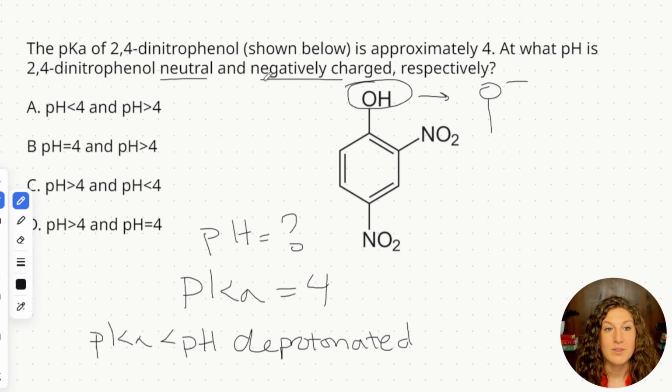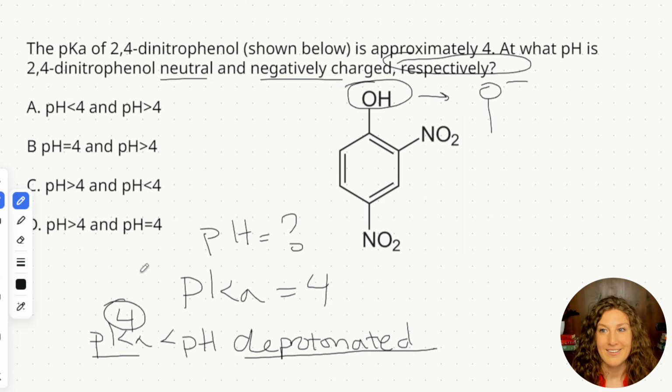In this case, that's going to be negatively charged. So we're looking for the pKa of 4 to be less than the pH, aka the pH needs to be greater than 4, in order for us to be deprotonated for the second part of this question. So that means that our pH needs to be greater than 4.